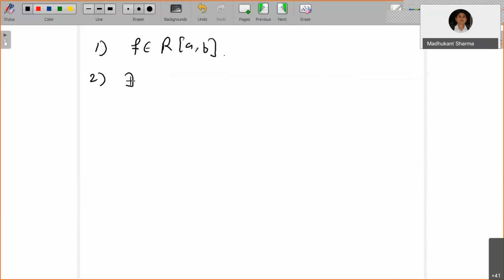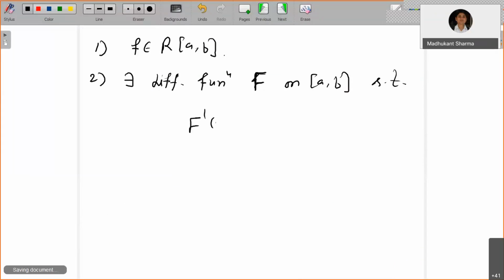Second, there exists a differentiable function capital F on ab such that F dash of x is equal to small f of x for all x in the closed interval ab.